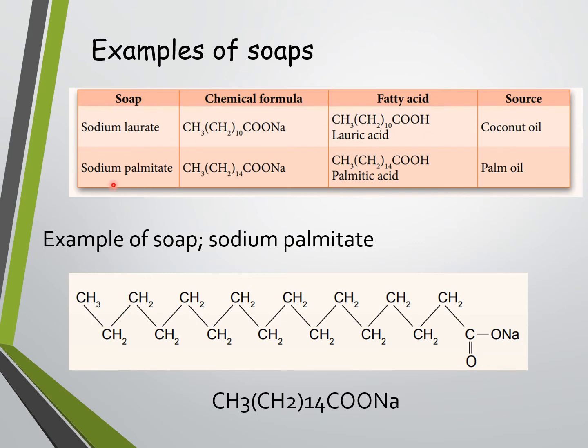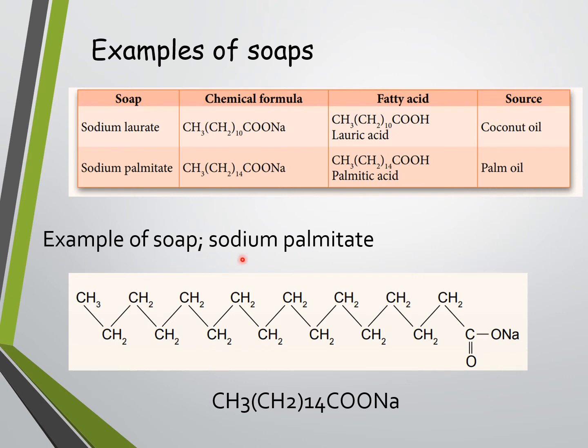The second one is sodium palmitate. The CH2 is 14 molecules in the bracket. So the fatty acid should be palmitic acid. The source is palm oil. From the name, we know that this type of soap comes from palm oil.